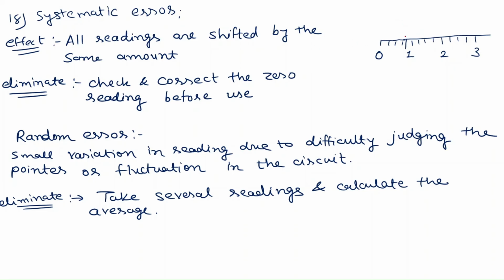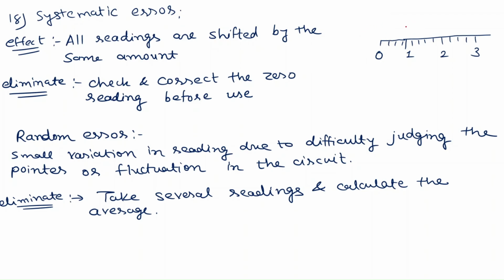And another thing, while you perform some kind of experiment, first you have to see whether there is any discrepancy, where the needle is. If the needle is at zero, that means the voltmeter gives a perfect result.